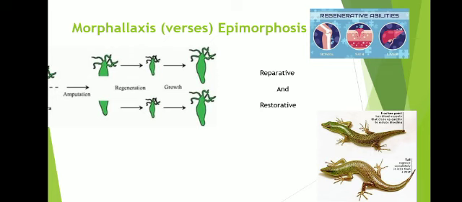If a hydra is accidentally cut into several pieces, each piece can regenerate the lost part and develop into a whole new individual. That we call morphallaxis. In epimorphosis, what happens is the replacement of lost body parts only.